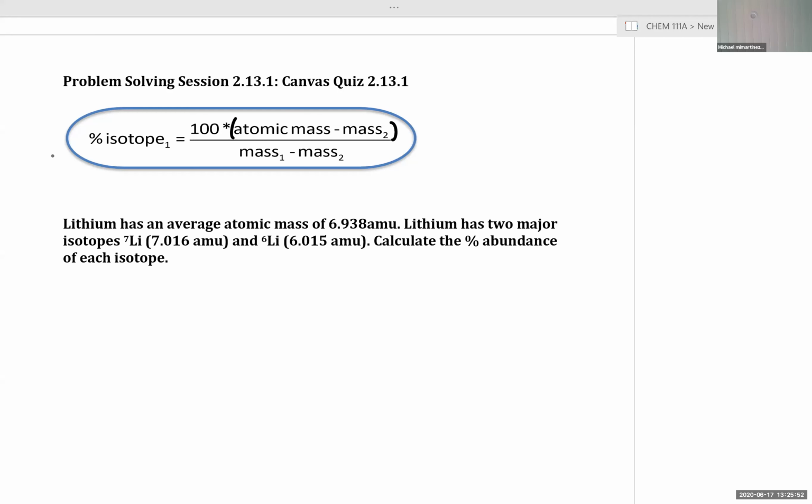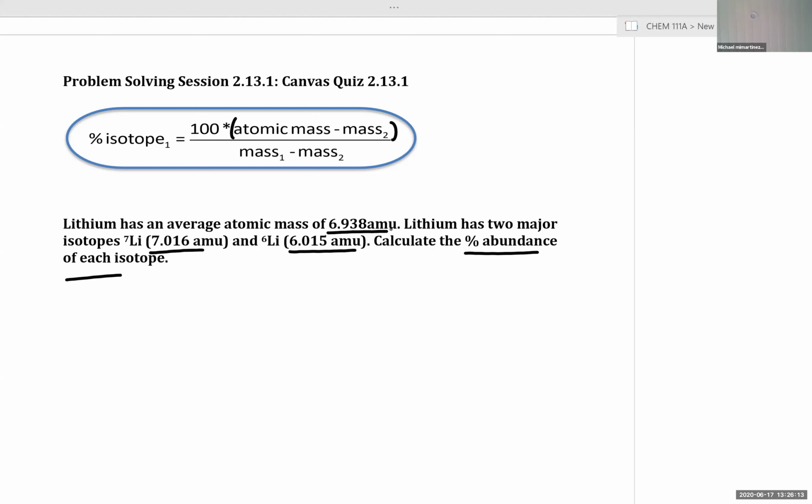So let's take about 5 minutes to work through this problem. I'd like you just to calculate the percent abundance of each isotope, given the mass of each isotope for lithium and the average atomic mass. And then we'll discuss in about 5 minutes.